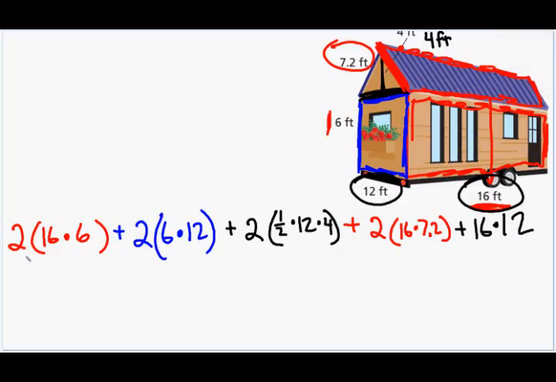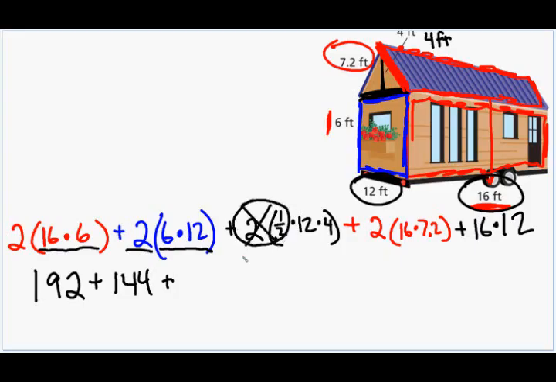Okay, and this first term, 16 times 6 is 96, times 2 is 192. And then we've got 6 times 12, that's 72, and we double that, that's 144. On this one, the 2.5 will multiply to a 1, and then we have 4 times 12. 4 times 12 is 48.